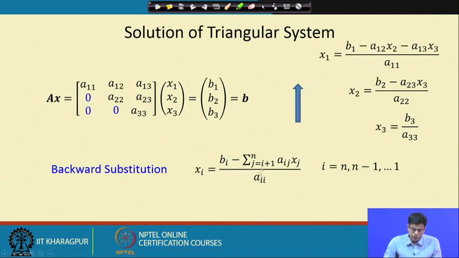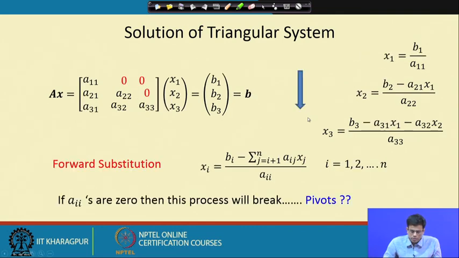Similarly, a matrix can be lower triangular also. If it is lower triangular, then the process is just reversed. Instead of proceeding from the last variable, we proceed from the first variable. This is a lower triangular matrix where the upper portion is zero and the lower part is non-zero.